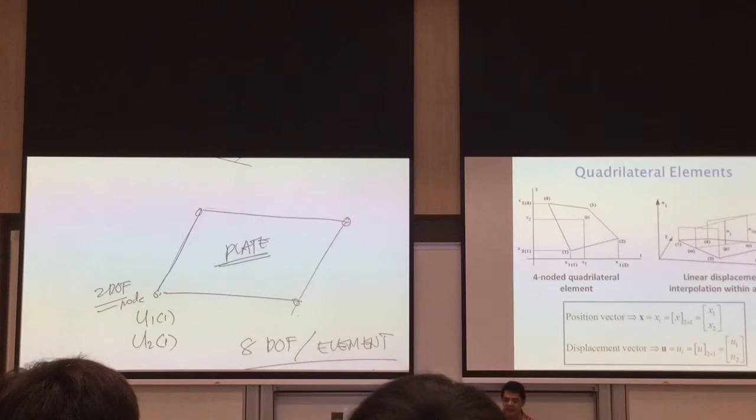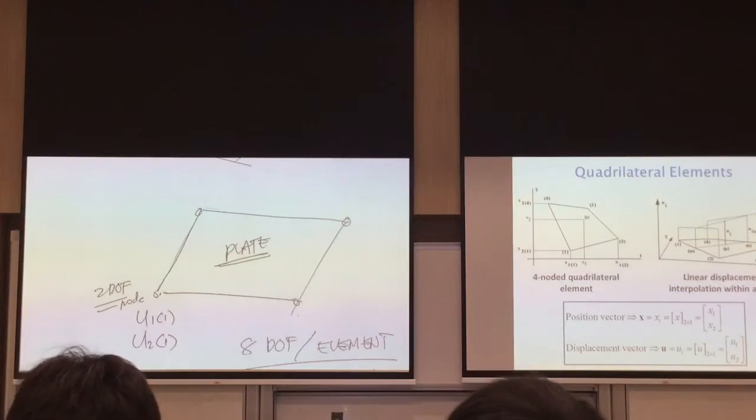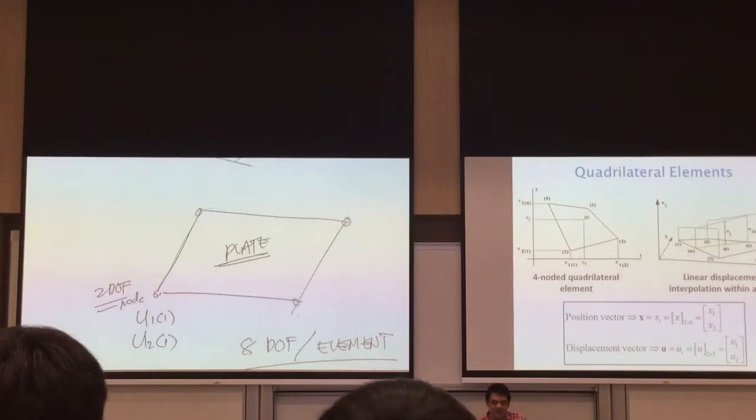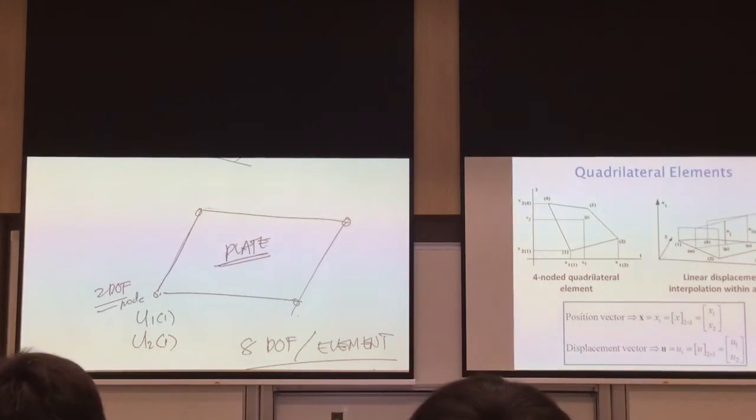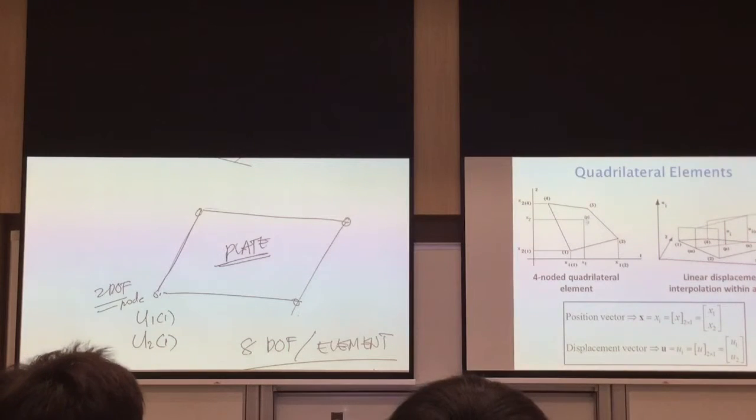So here, what we're going to do is to perform an interpolation to be able to get your interpolation function or your shape function N. So here you go. Say for example, I want to get a displacement somewhere at a point P within my quadrilateral element.